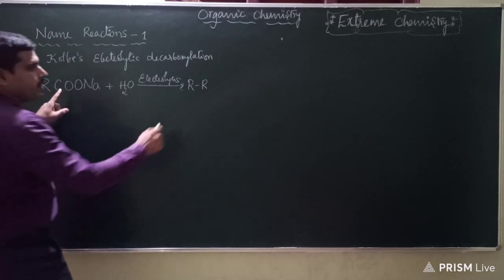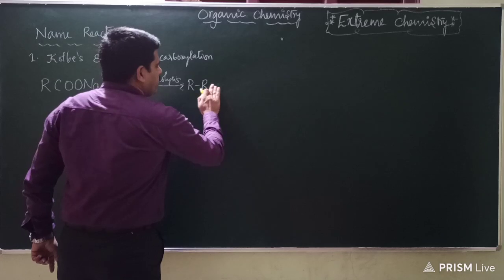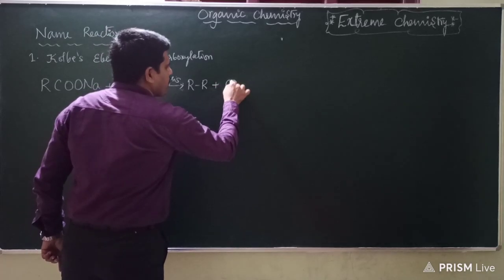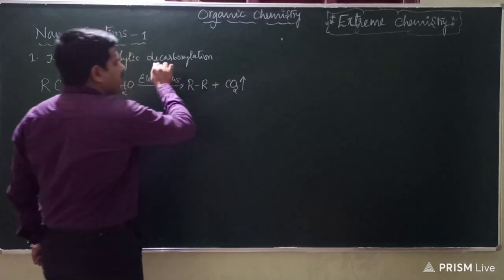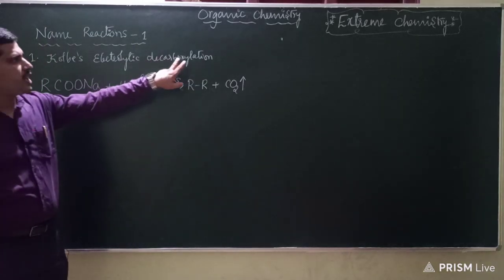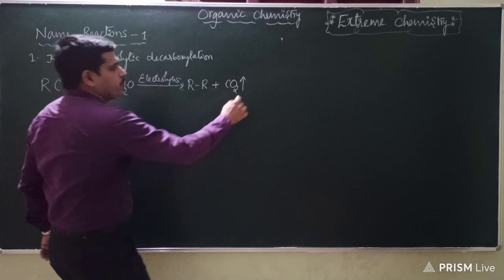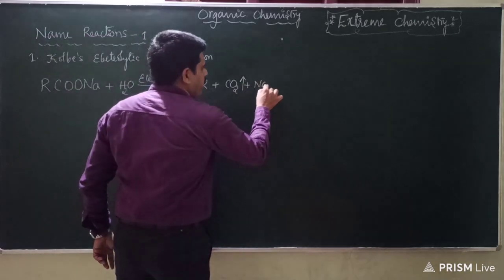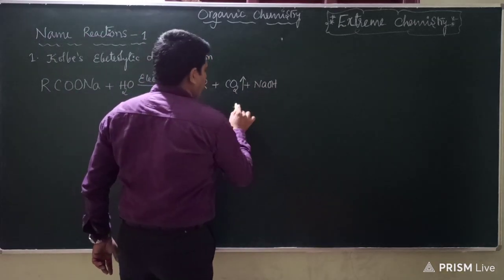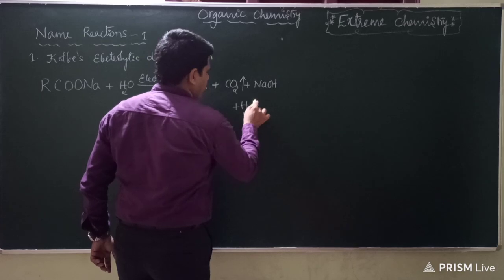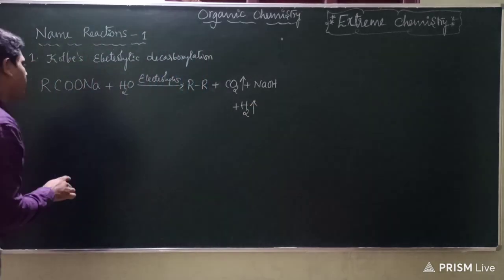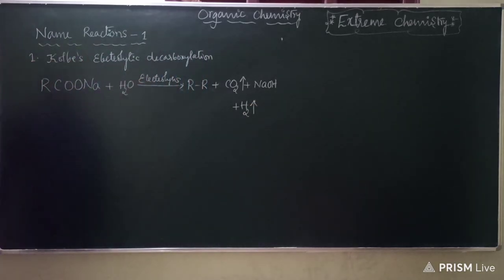Alkyl groups. And you will get carbon dioxide, because the name indicates decarboxylation, removal of the carboxyl group. The other products are sodium hydroxide along with hydrogen, H2. Now you have to balance this equation.